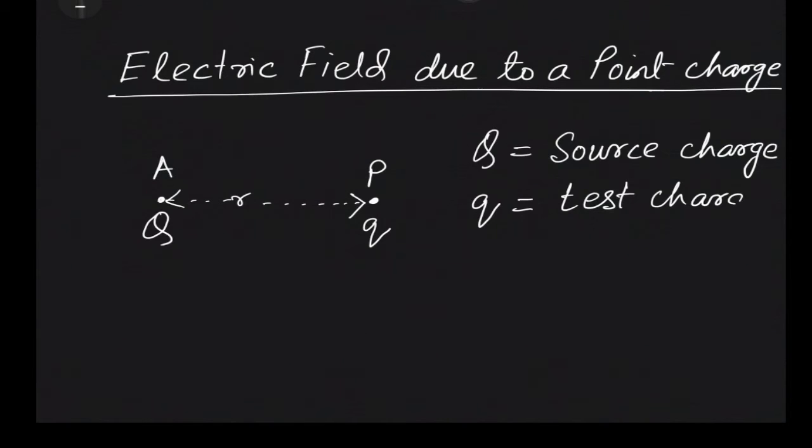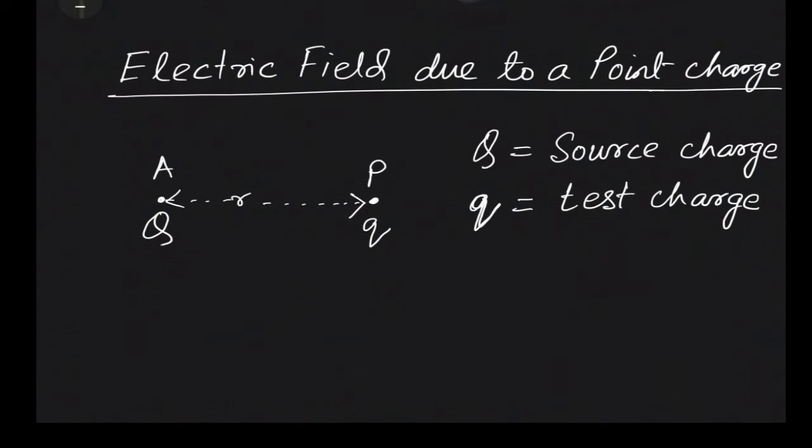The concept of test charge is that this charge is so small in magnitude that its presence will not disturb the electric field due to plus Q charge. I am repeating, the magnitude of this charge small q is so small that it will not change the electric field at the point P due to plus Q charge.